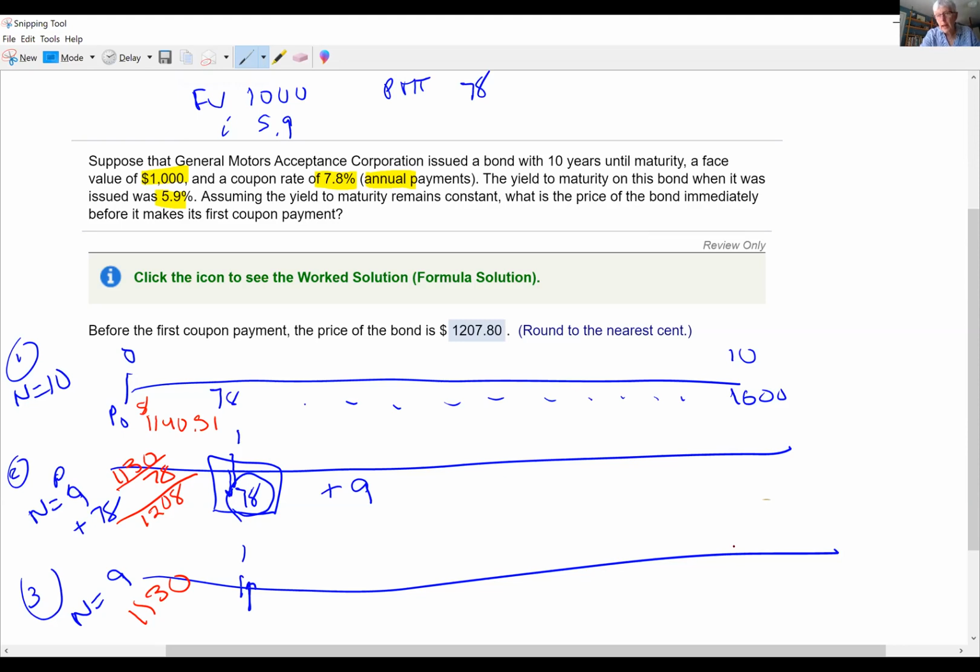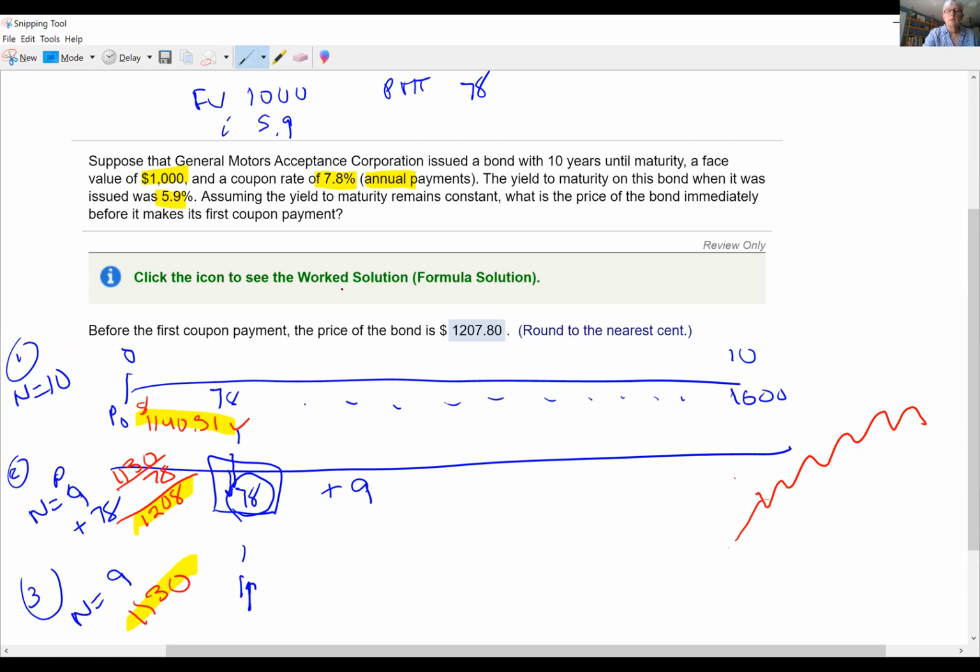The reason that when we had that slide, this stuff was zigzag is that if we take these 3 numbers, what's happening is at the very beginning, when there's 10 years left, the price is 1140.